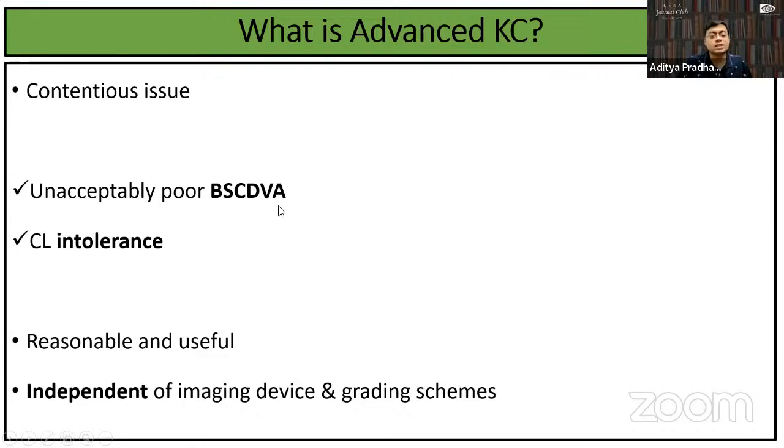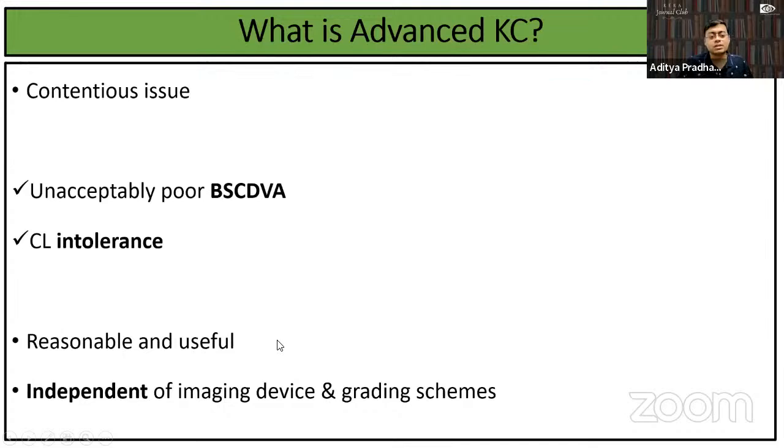But two things are very clear. One is that the patient has an unacceptably poor best spectacle corrected distance visual acuity, which is a criterion common in almost all the publications. The second is that the patient is highly intolerant to contact lens wear. If you consider these two points and label the patient as having advanced keratoconus, the advantage is that it is quite reasonable to understand and expect.